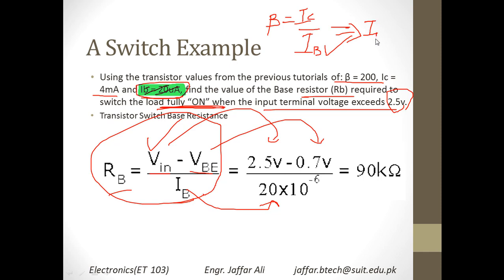You just have to calculate IB using this IC, that is approximately 4 milliampere, and this beta, that is 200. Then put that value of IB over here, and from that you can find the value of the base current that should be applied while designing a circuit, so that the switch is completely on and the voltage does not exceed 2.5 volt.